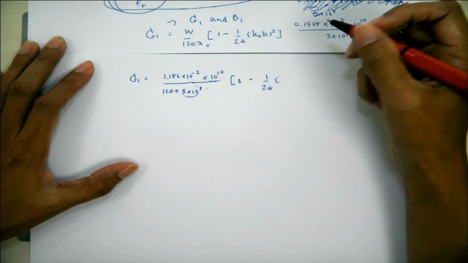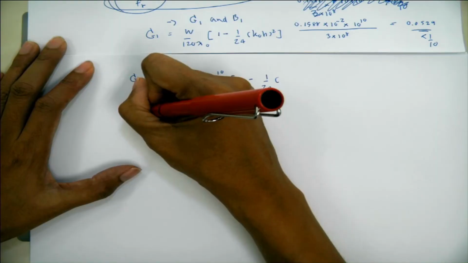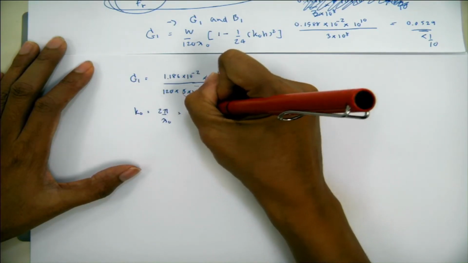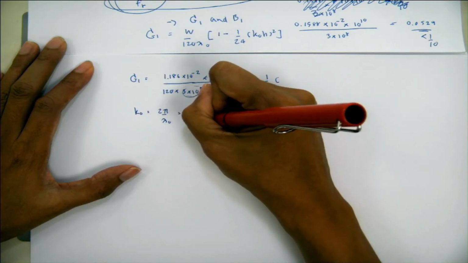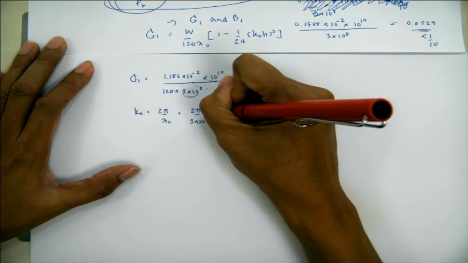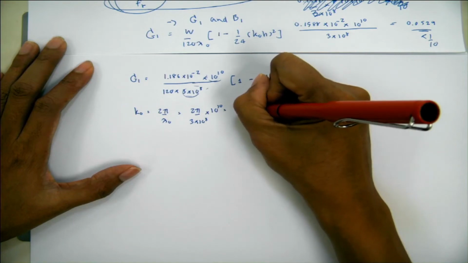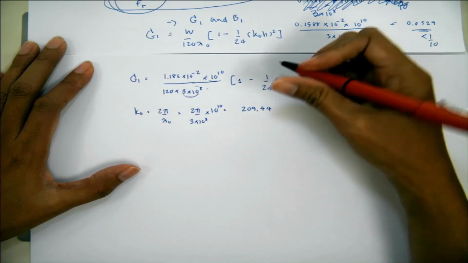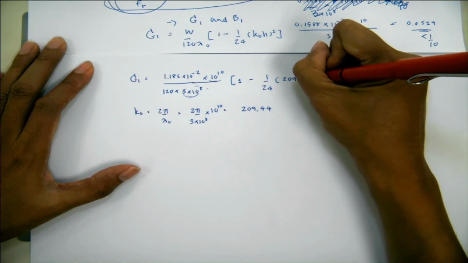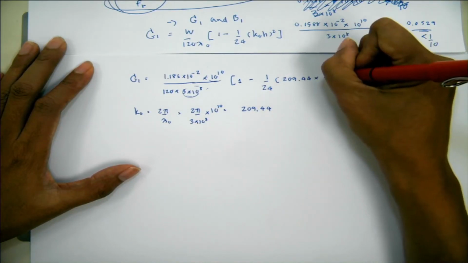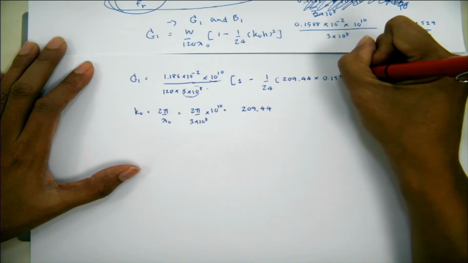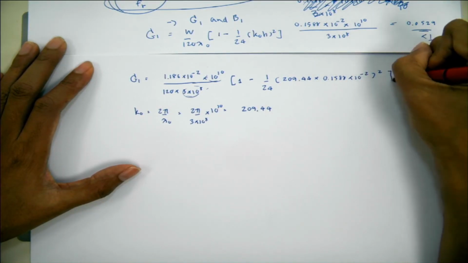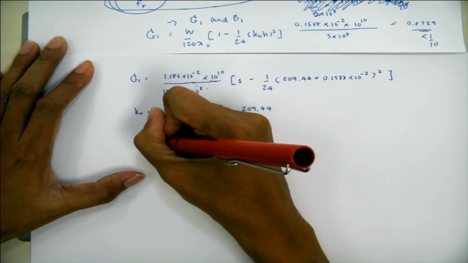So K0 is 2 pi over lambda naught, which is 2 pi, again, C over L3 times 10 to the 8, times 10 to the 10, and is equal to 209.44. So we just place 209.44, and H is 0.1588 times 10 to the minus 2 squared, and then we have this.